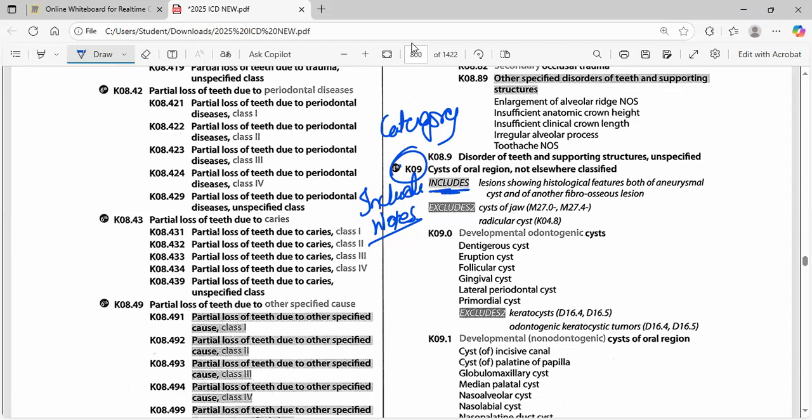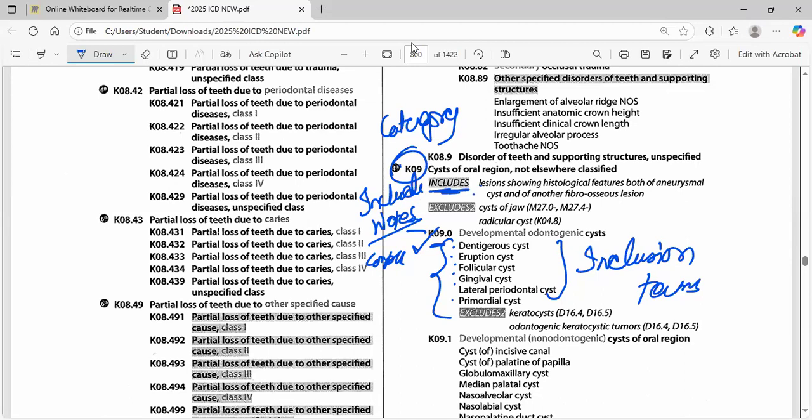So you can see here we have the K09, and these are all the inclusion terms. These non-bold terms are known as inclusion terms. So include notes are listed below the category, whereas inclusion terms are listed below the complete code. This is a complete code. Inclusion terms will tell us that for these conditions also we have to use this code only.